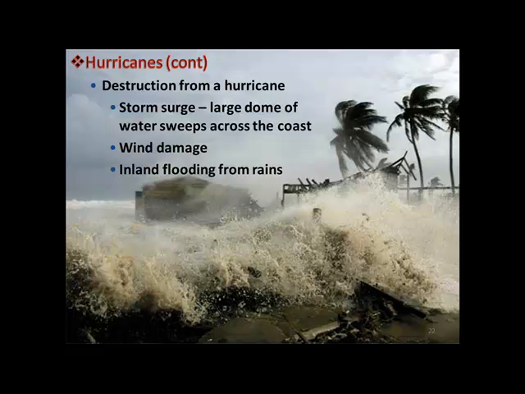You're also going to have wind damage. The wind is not the only thing that causes damage, but the debris that's picked up by the wind starts to act like shrapnel moving through houses, and that can cause a lot of the damage. And lastly, because of all the moisture held in the hurricane, you can have inland flooding from the spiral bands due to the rain that occurs.